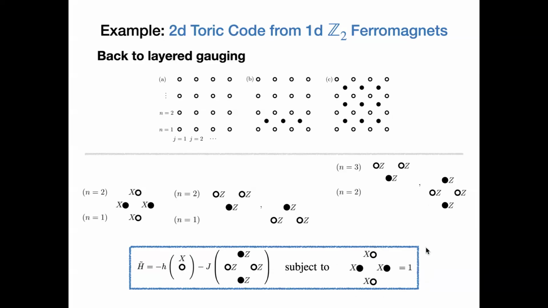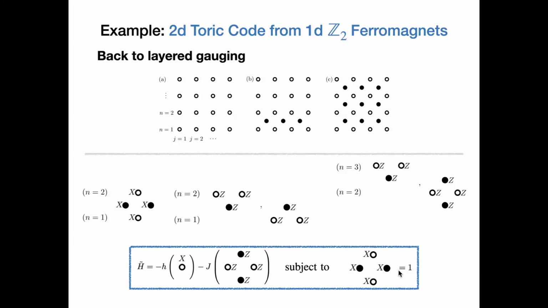Okay, and this whole Hamiltonian and the Hilbert space is subject to this type of Gauss's law constraint. Now you can see that if we set h to be 0, that corresponds to the original Ising model being in the ferromagnetic phase. Then this bulk Hamiltonian, together with this Gauss's law constraint, realizes the well-known toric code topological order.